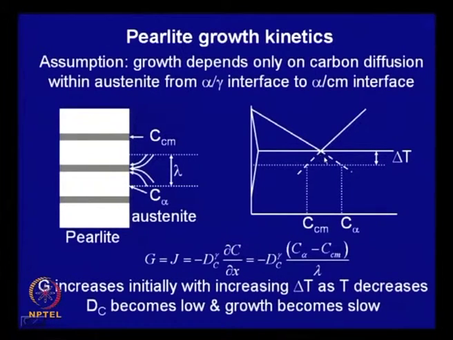When cementite precipitates out, look at the phase diagram. If this transformation is taking place at this temperature, this is the degree of supercooling you have. Here is the amount of carbon ferrite can have, and here ferrite is the stable phase, cementite is the stable phase, and when the cementite forms from austenite, it draws carbon from the austenite.